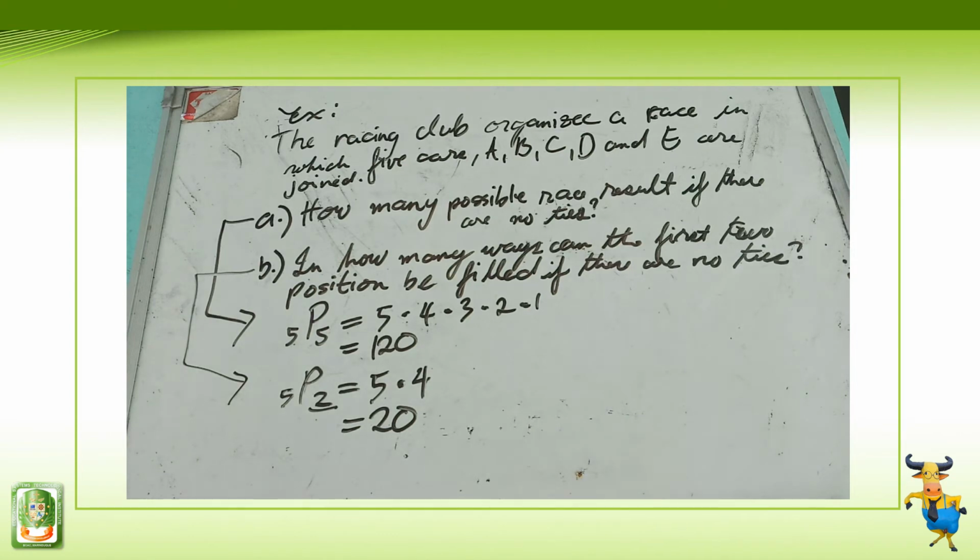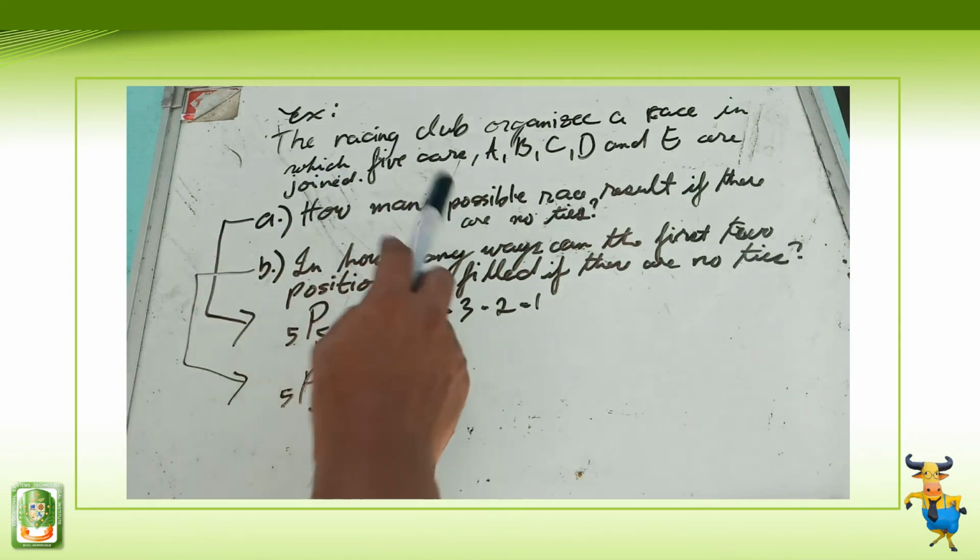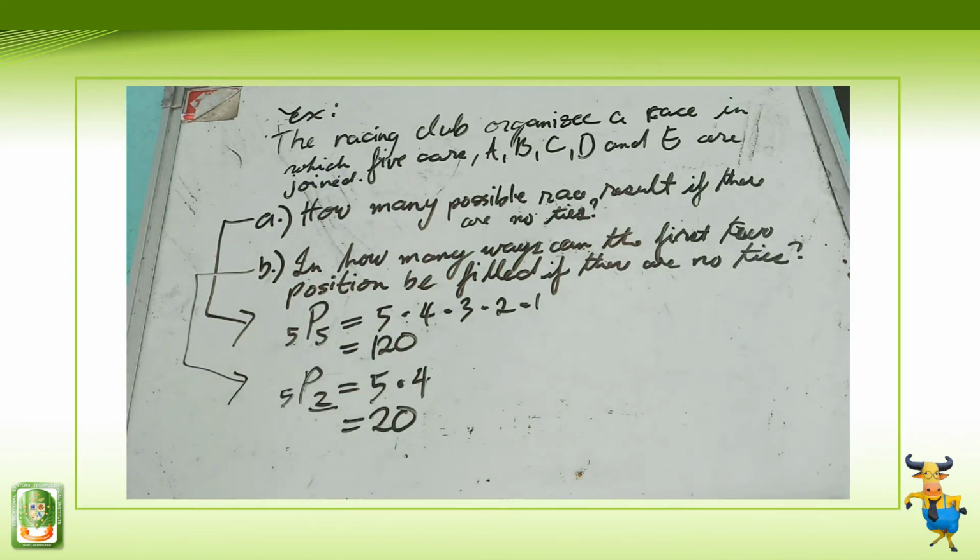Okay. Note, in letter A, we used 5P5 to represent the number of possible permutations of 5 things when all 5 are taken.